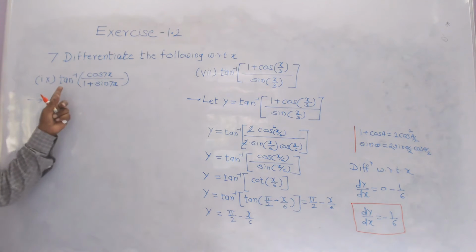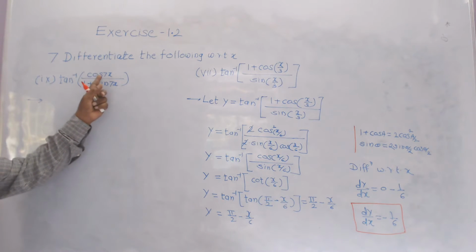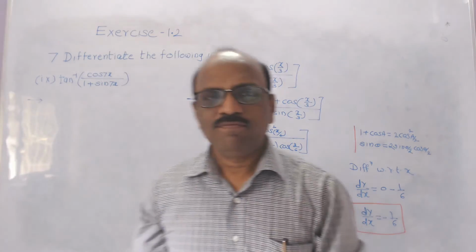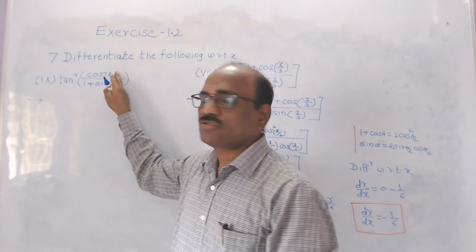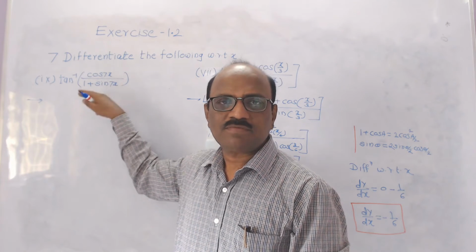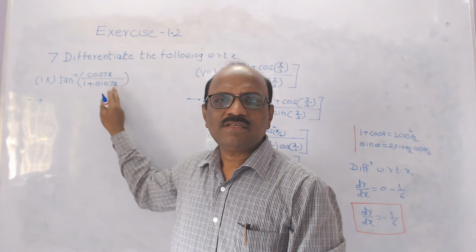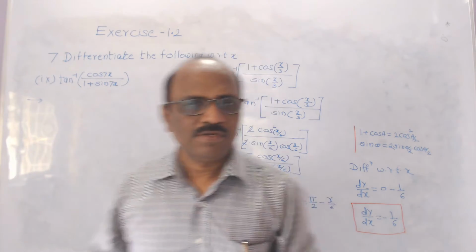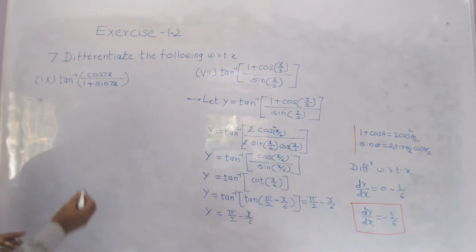Now the next problem is tan inverse of cos of 7x upon 1 plus sine of 7x. Now first we convert this cos of 7x in terms of sine and this sine of 7x in terms of cos. Now see this here.